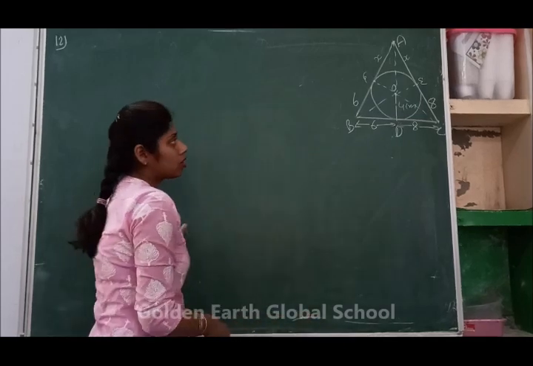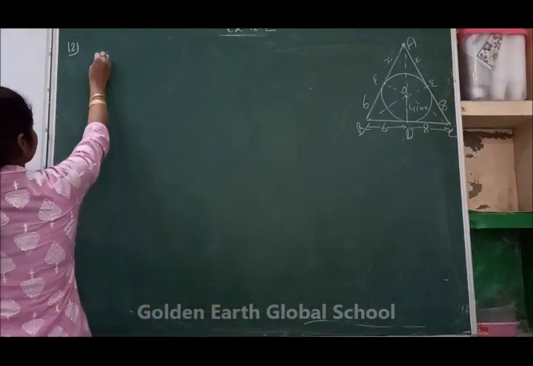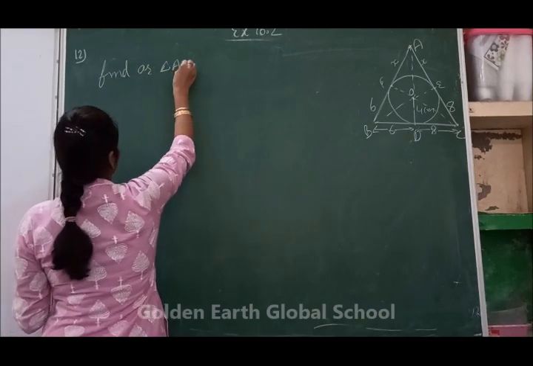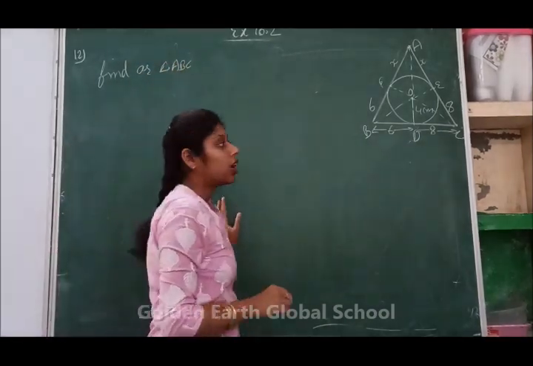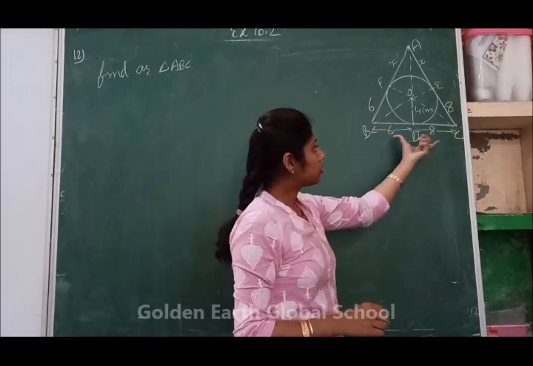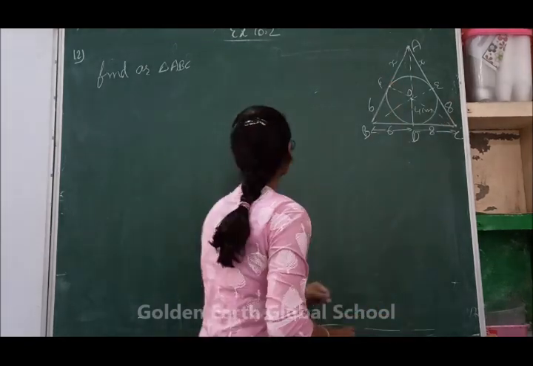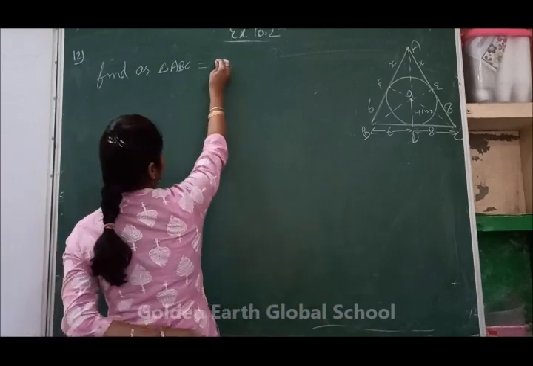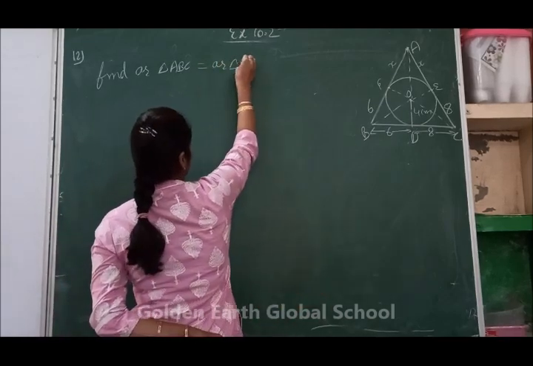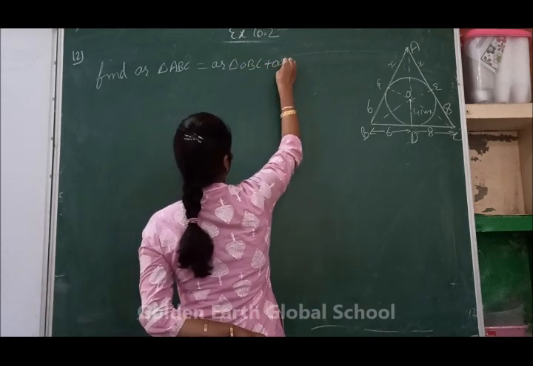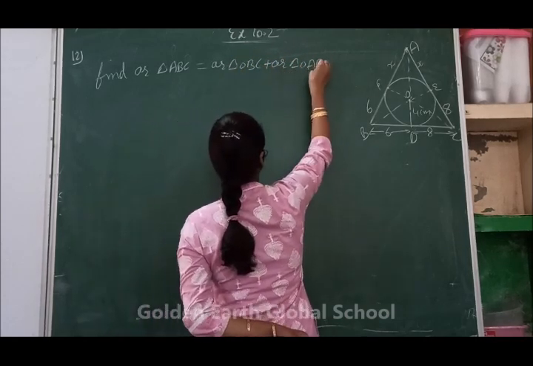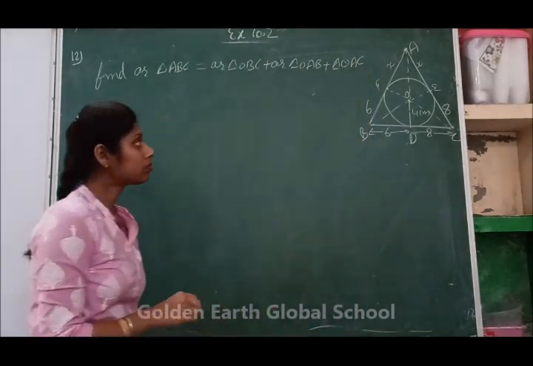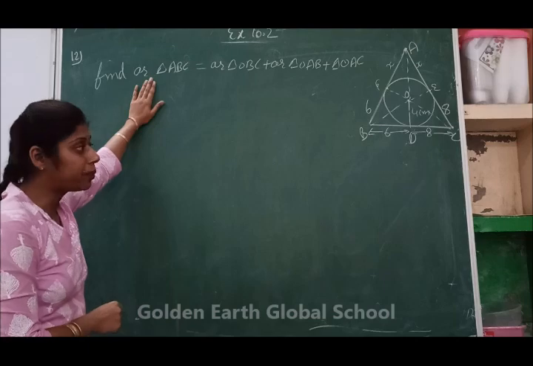So first of all you have to find the area of triangle ABC by using Heron's formula, with 3 sides, first, second, third. Then you have to find the areas of the 3 smaller triangles: area of triangle OBC, OAB plus OAC.